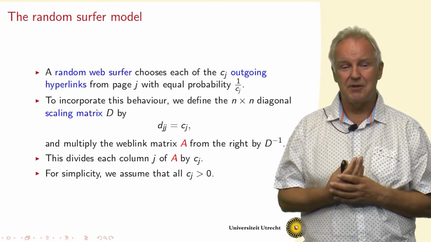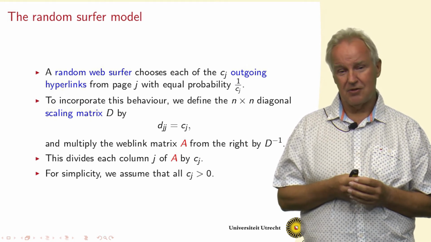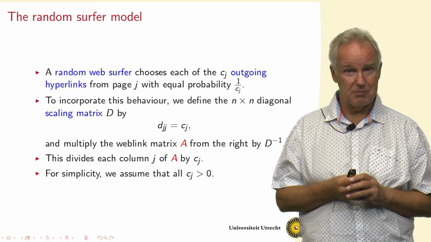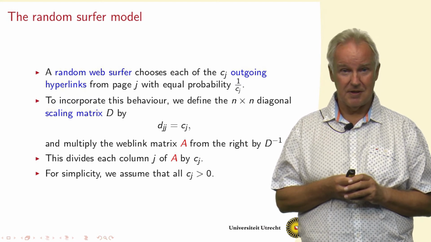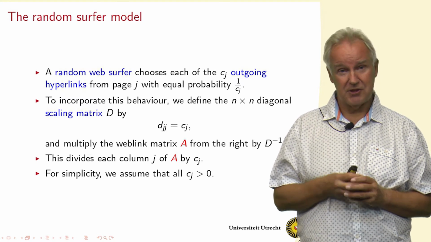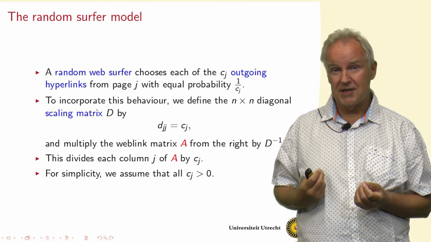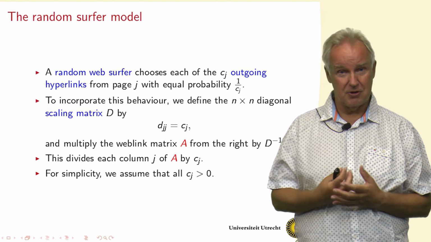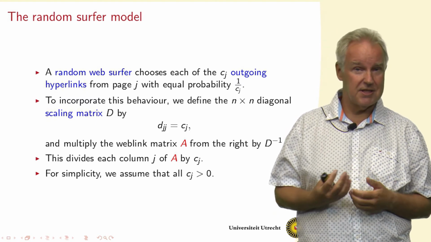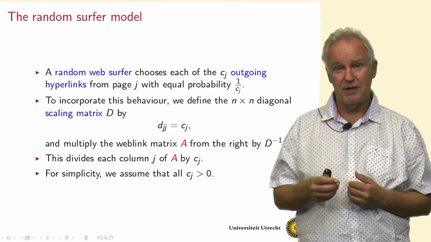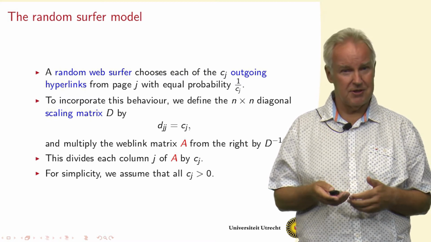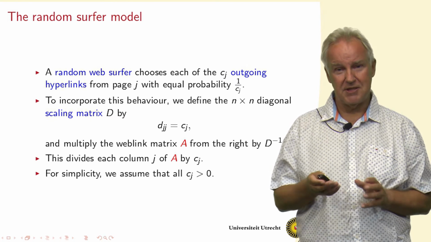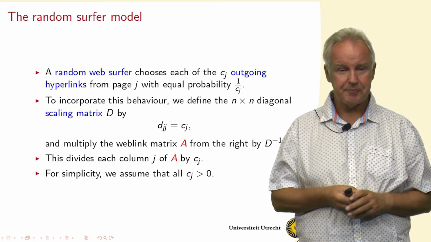So we divide by that. To do that in our linear algebra matrix notation, we define a diagonal matrix D, which on the diagonal has all these numbers, how many outgoing links there are. For simplicity, we assume that every page has an outgoing link, which in practice is not true.